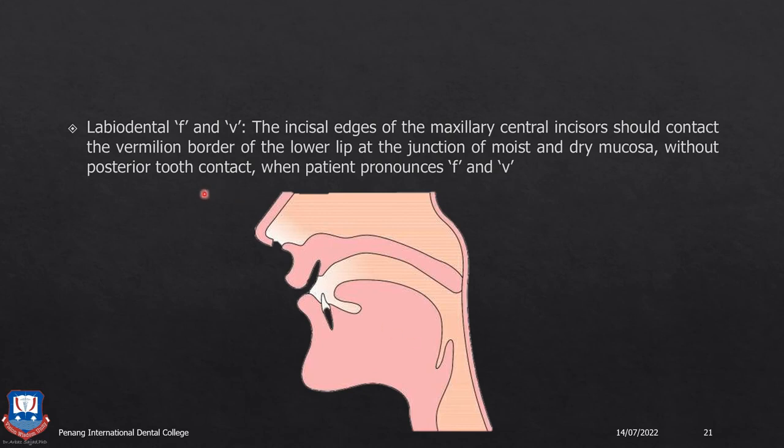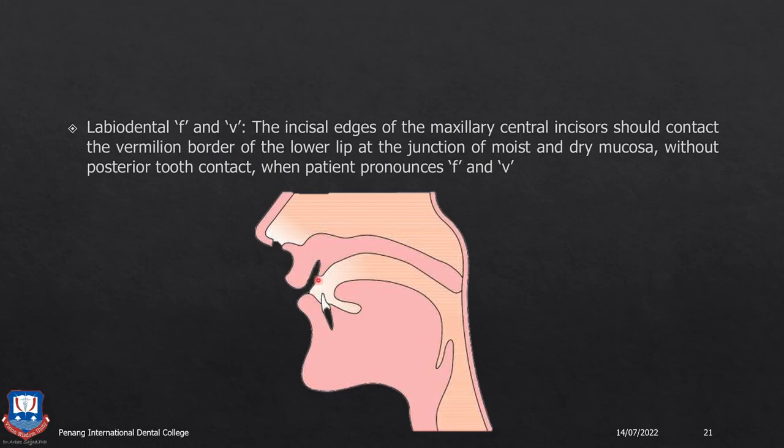As I told you, labiodental sounds are sounds which are made by the contact of the maxillary teeth with the lower lip, the vermilion border of the lower lip. So for words which include F or V, like fly or vault, any words which have F or V in them, you need to verify whether the patient is able to pronounce these words properly.